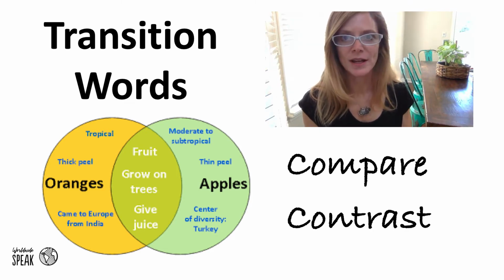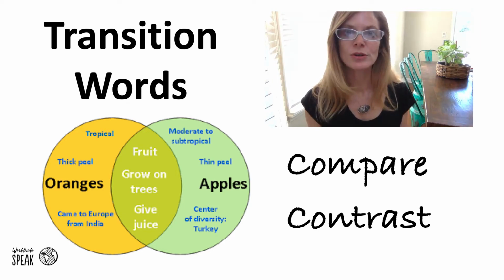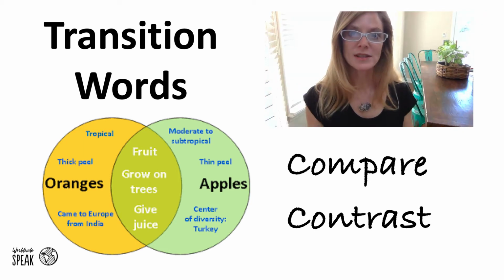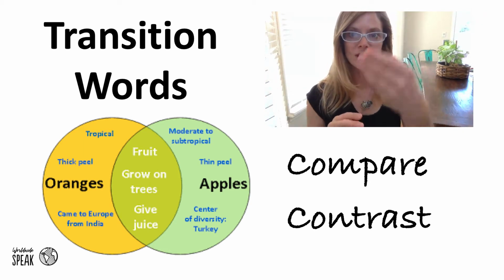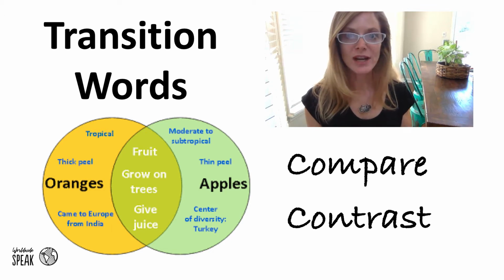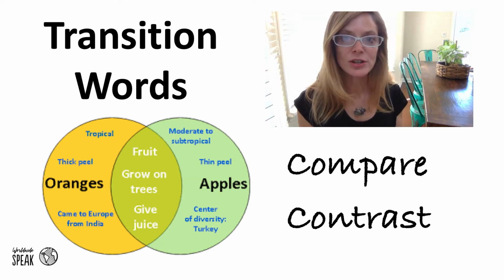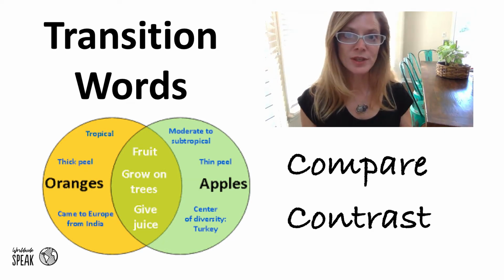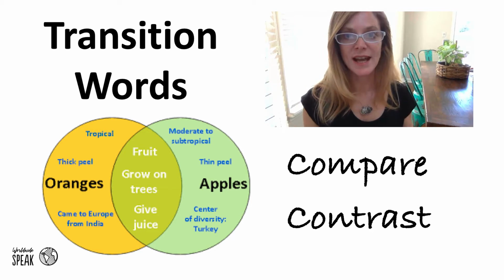All right, I said I was going to talk about transition words that we use to compare and contrast. If you can see the graphic here with the two circles that have words on the outside and then words on the inside where the circles overlap, it's called a Venn diagram, and we use that diagram to compare things. And here, the two things being compared are oranges and apples.